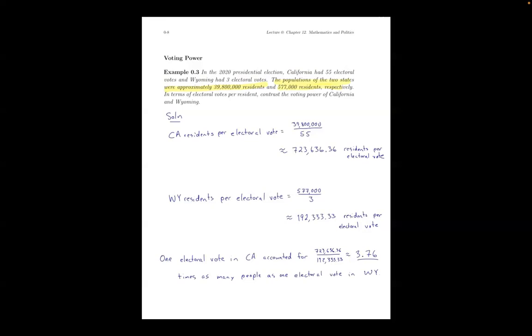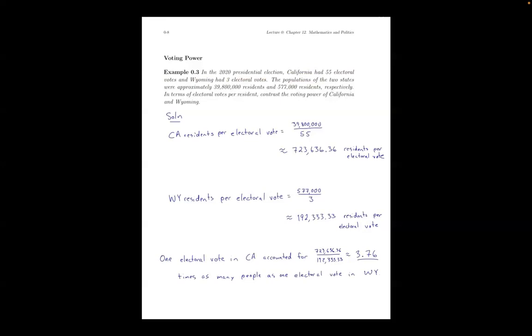So almost 40 million in California and a bit over 500,000 in Wyoming. What they ask us to do is, in terms of electoral votes per resident, contrast the voting power of California and Wyoming.